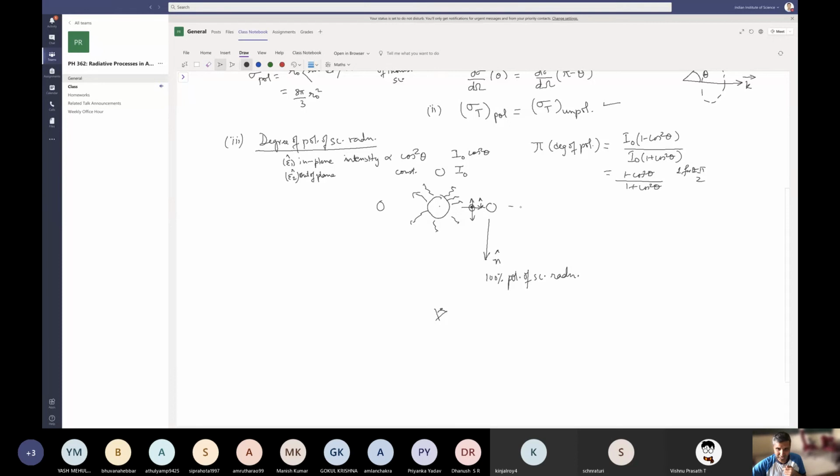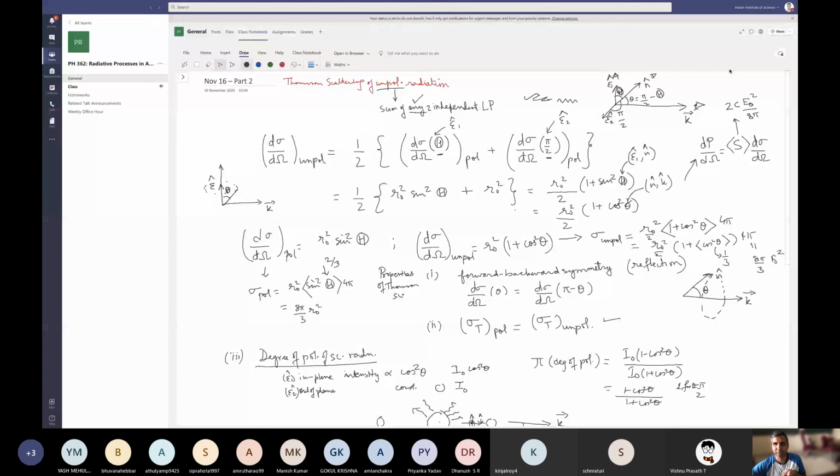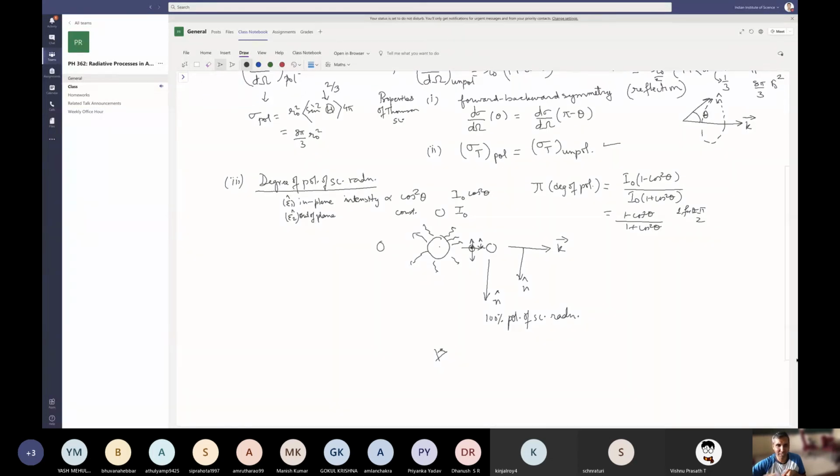So this is your k, this is your n hat, and this is equivalent to seeing from here. The acceleration along the line of sight is not seen, so you see maximum polarization here.